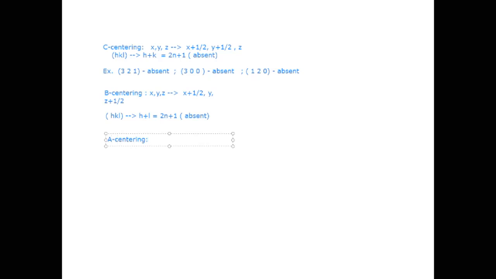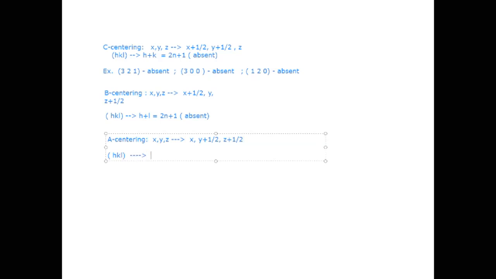So in A centering, we have X, Y, and Z. X doesn't change sign. We translate along Y and Z. So here again, since X doesn't change sign, we still have to look at the indices that have H in it. So we have to look at the HKL indices.